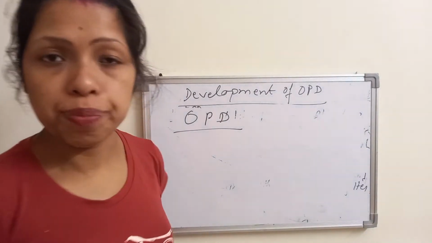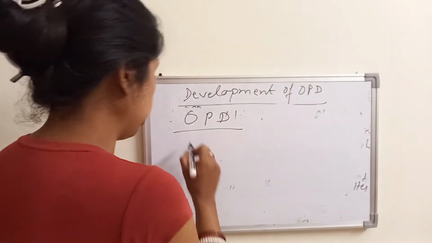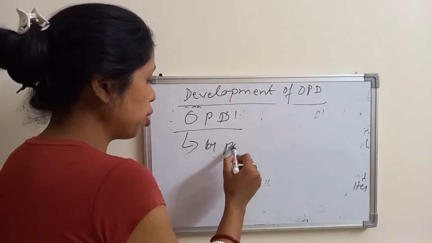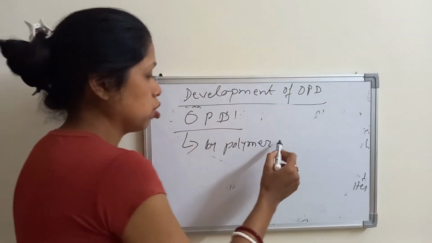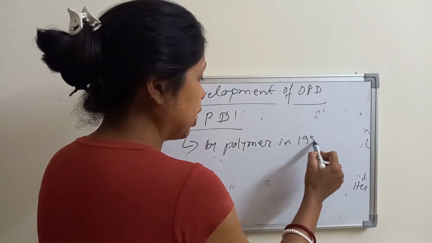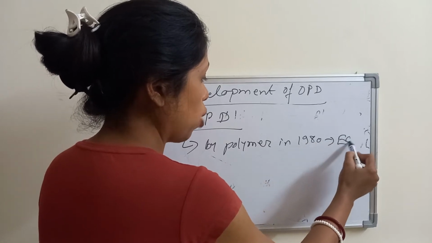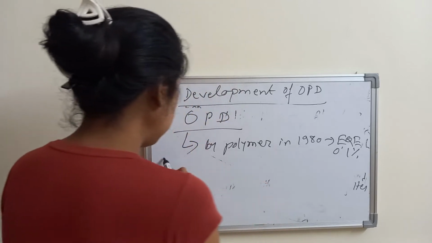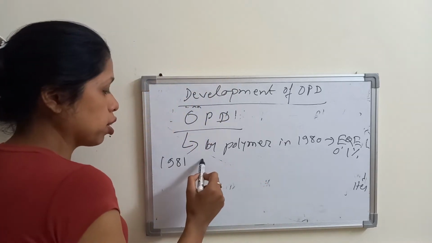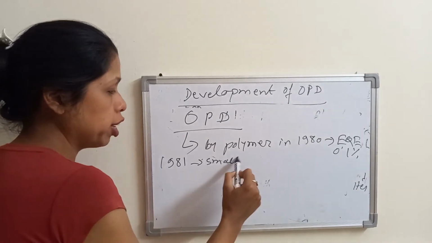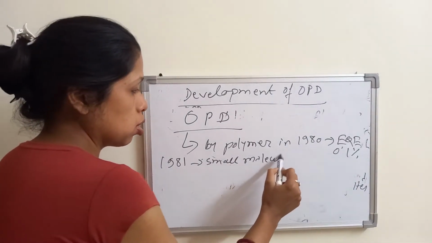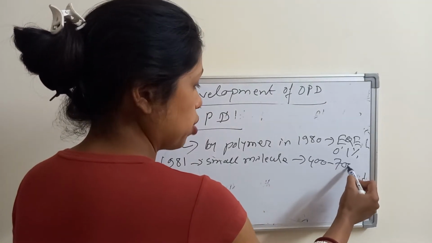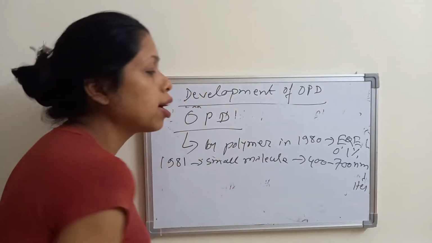The organic photodetector, OPD: the first OPD was developed with a polymer compound in the year 1980. The efficiency was 0.1%. After that, in 1981, a small molecule based OPD was designed, and the absorption region we found was 400 to 700 nanometer.